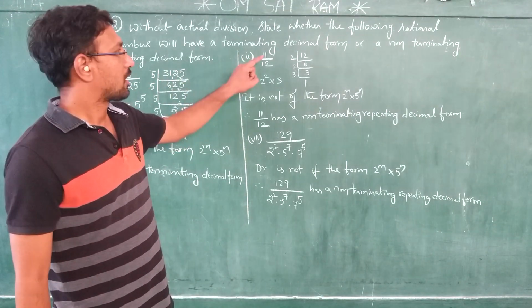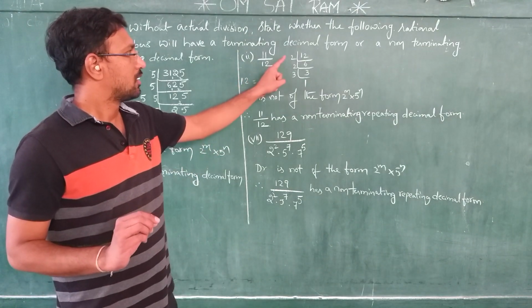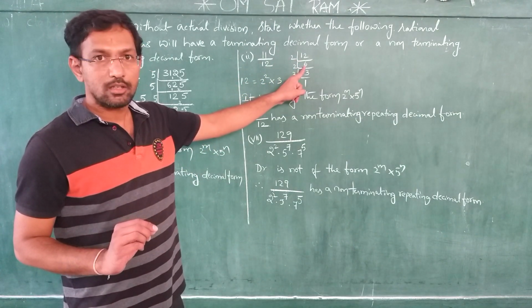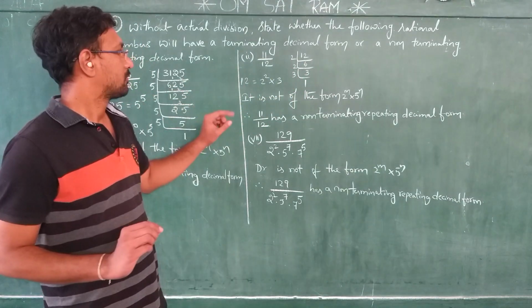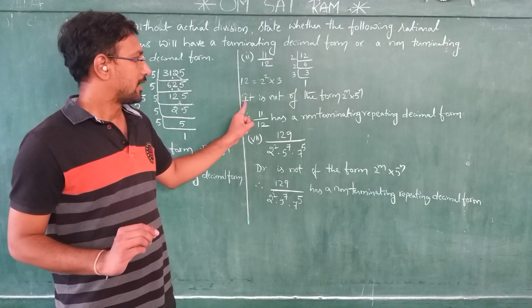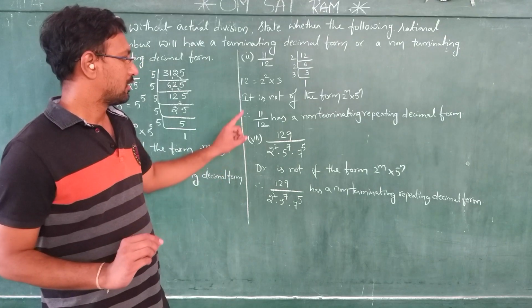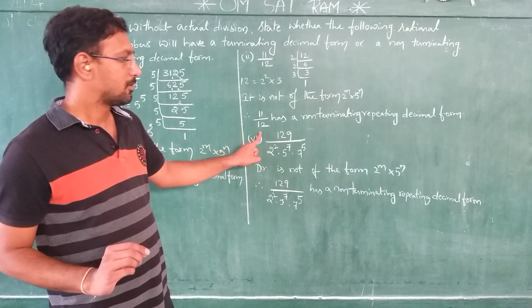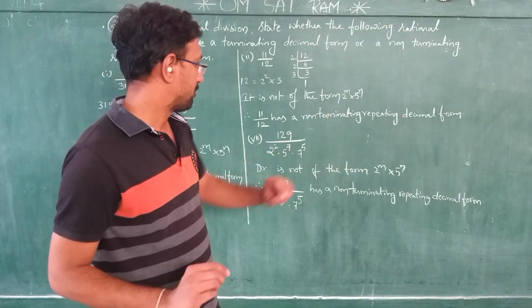Second problem, 11 by 12. We factorize the denominator, that is 12. 2 6s are 12, 2 3s are 6, 3 1s are 3. 12 equals 2 square into 3. It is not in the form of 2 power m into 5 power n. Therefore, 11 by 12 has a non-terminating repeating decimal form.